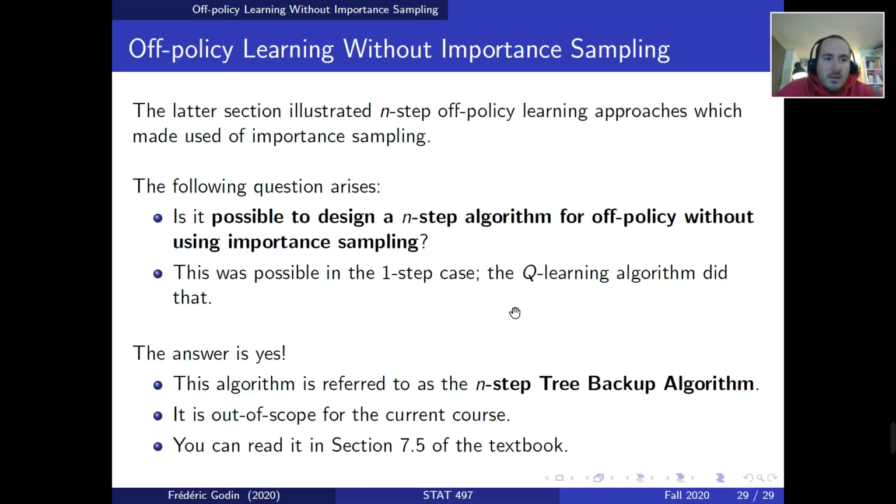So there was in fact no importance sampling ratio. So the question we might ask ourselves is, would there be a possible n-step algorithm for off-policy learning which does not rely on importance sampling? The answer is yes, and one such algorithm is presented in the textbook, which is referred to as the n-step tree backup algorithm.